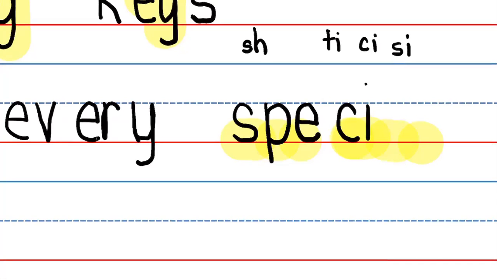We use the SH to spell sh at the beginning of a word, but if it's at the beginning of any other syllable, we use either a TI, CI, or SI to spell sh. We almost never use the SH at the beginning of any other syllable. The only place we do that is with ship, friendship, courtship. All the other sh is spelled with a TI, CI, or SI. And this word, we're using the CI.